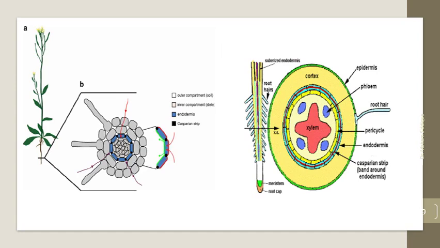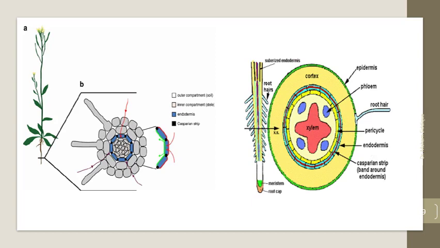In this diagram, epidermis is present at the outermost layer and root hair arises from this epidermis layer. Then endodermis is present, and between the epidermis and endodermis, cortex is present.